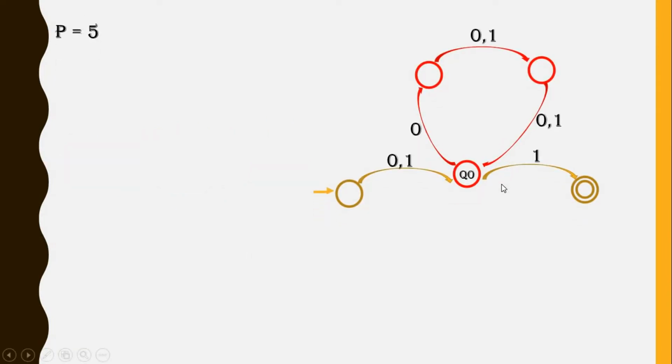Okay, let's see a more general example. Let's say we have this 5-state DFA, and the value of P is 5, which is the number of states. And there is a string W of length 5, and the DFA accepts W, where the length of W is at least P, right?